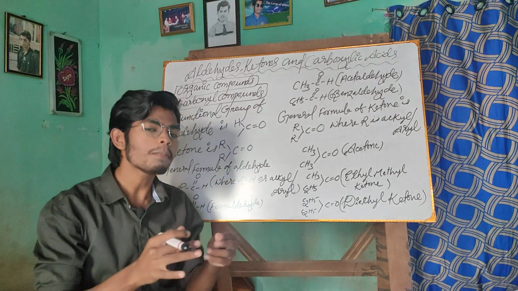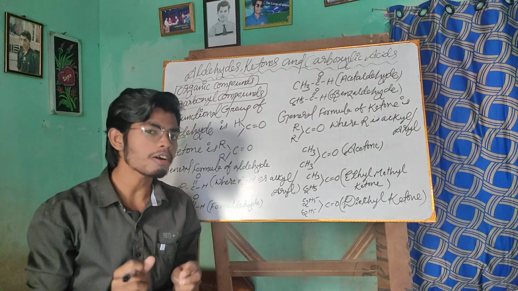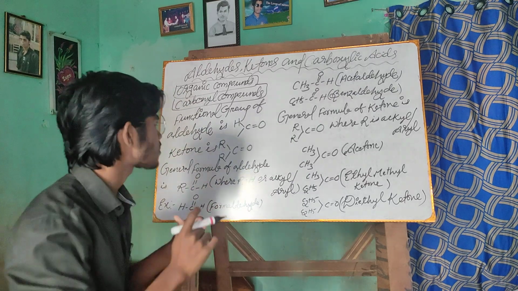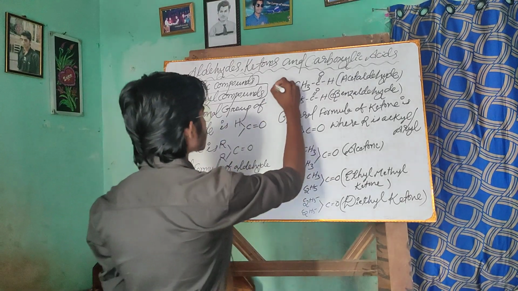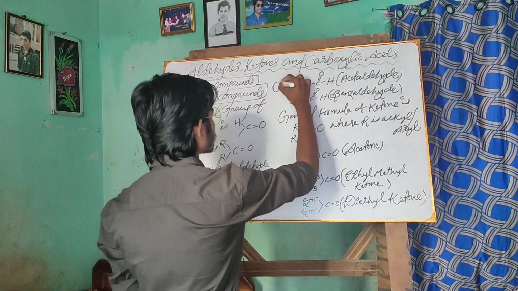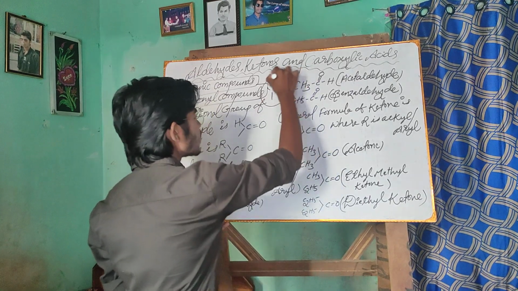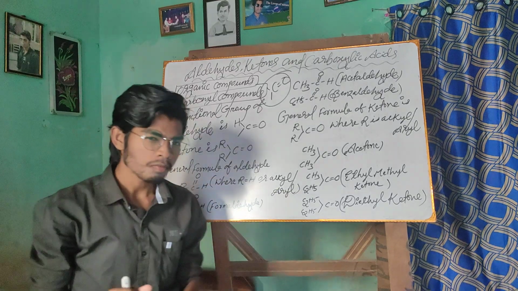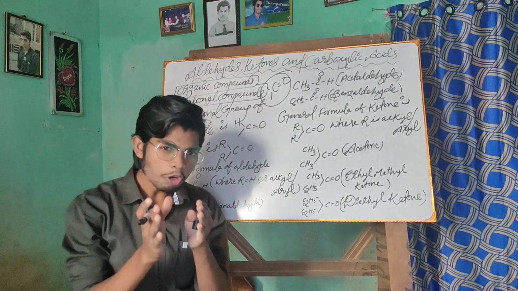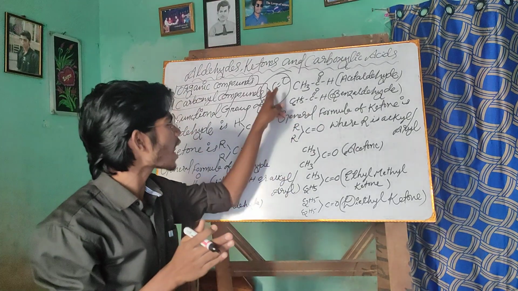So why are these compounds referred to as the carbonyl compounds? What is the reason behind it? Since these two compounds possess the carbonyl group. This group is basically called the carbonyl group. So carbonyl group means the group which is formed by carbon and oxygen.